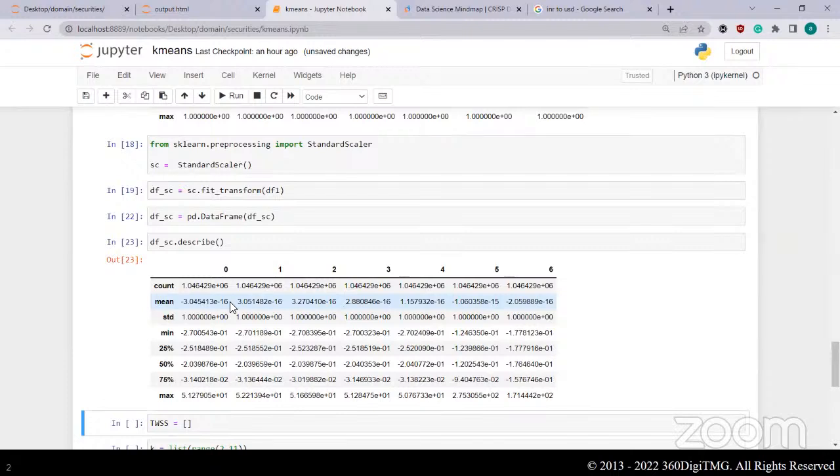They are basically so small that we can assume that they are 0. And again, the standard deviation is 1. It is 1 everywhere. So this is what we do in EDA and pre-processing for a data set.